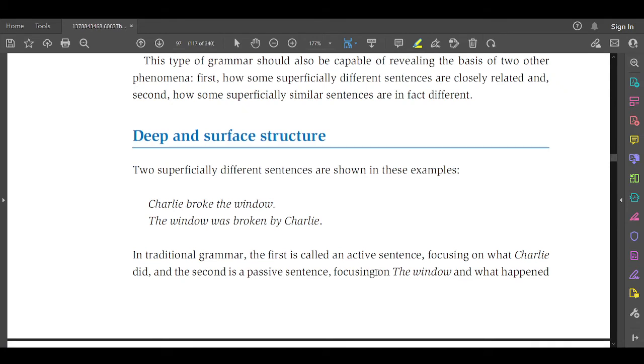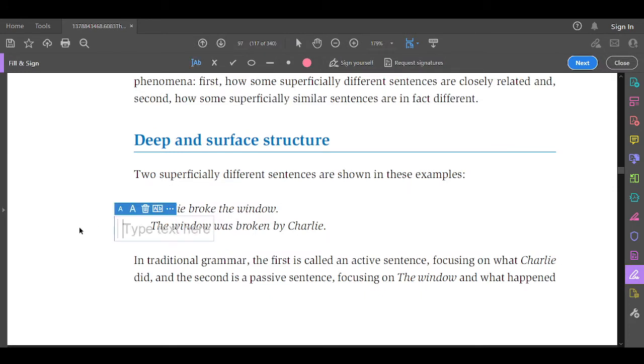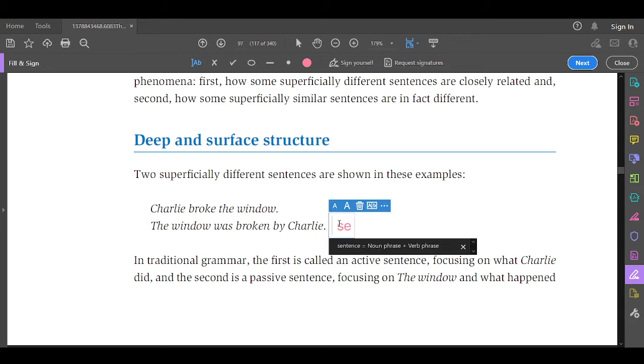We have something we'll deal with later, which is deep and surface structure. We have two structures of the same sentence. The first one is called the surface structure, like the surface of the ocean. The surface sentence is: The window was broken by Charlie.